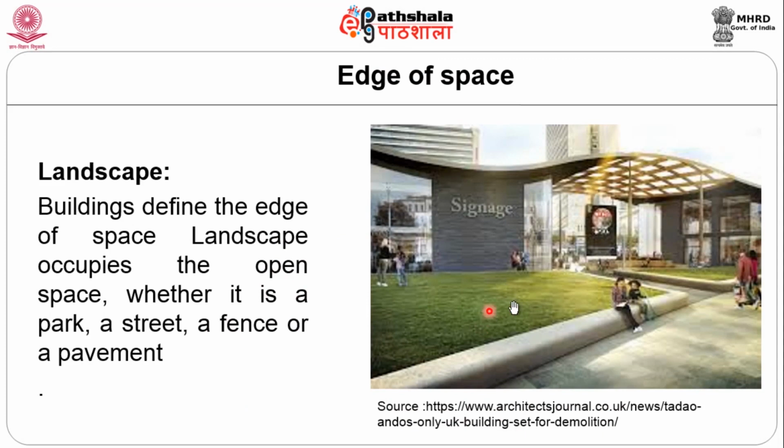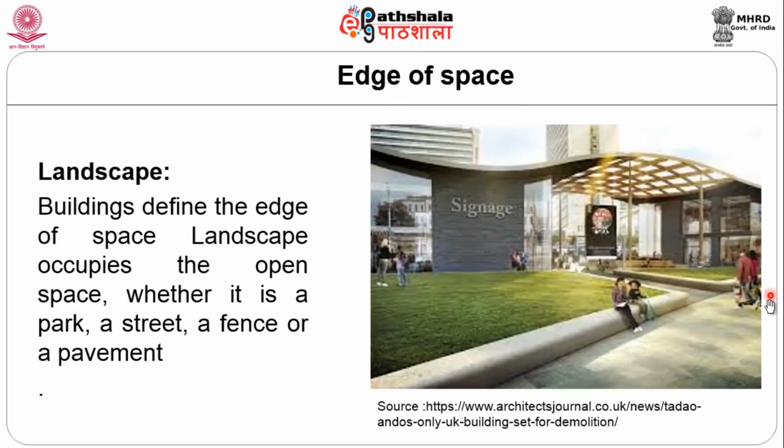Now, we have the edge of the space. So, how can landscape be efficiently planned even around the edge of the buildings? Always the building defines the edge of the space, and landscape occupies this open space, whether it is a park or a street or a fence or a pavement.